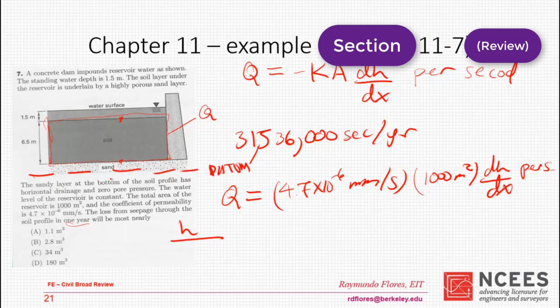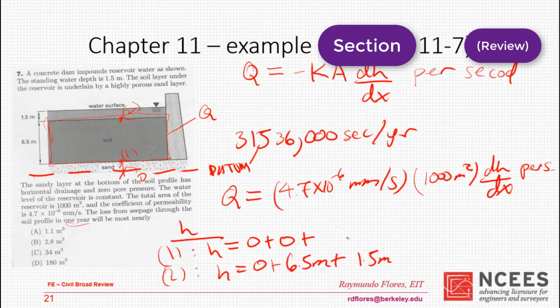At this point we have a total head for the first one, and the total head should be 0 plus, strangely enough, I'm not sure why, but I just know it's 0, because of the zero pore pressure, that's the idea.